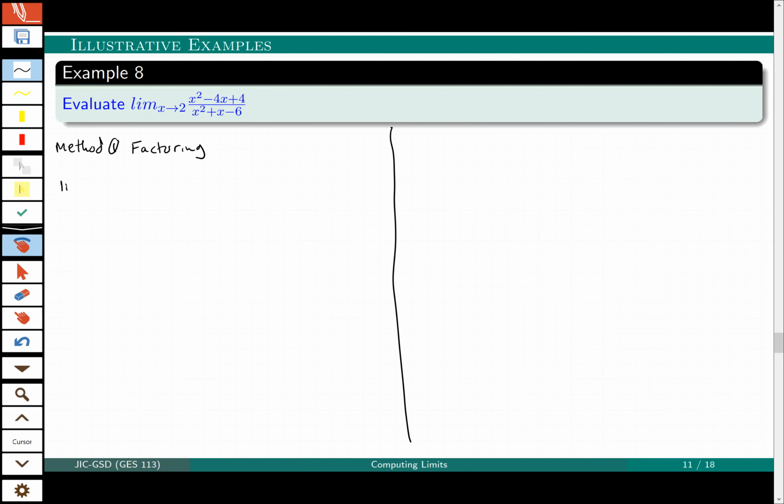where we have the limit when x goes to 2 of x squared minus 4x plus 4 divided by x squared plus x minus 6.